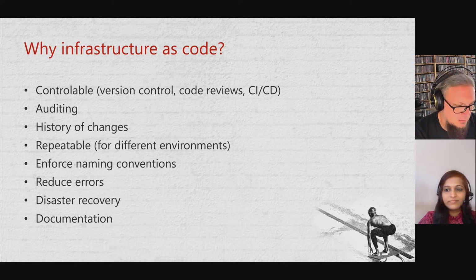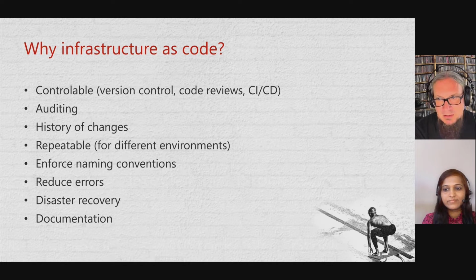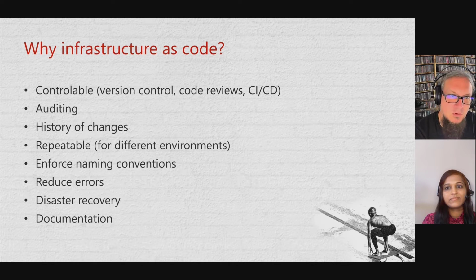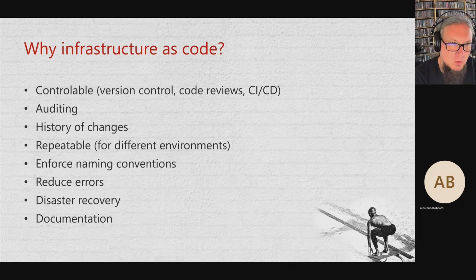So having that in the form of code makes the deployment repeatable. And if you make a mistake, this mistake will be present in all stages and not only in one stage. So what you did will be the same on each stage. Furthermore, if you have infrastructure as code, it's much easier to enforce, for example, naming conventions.